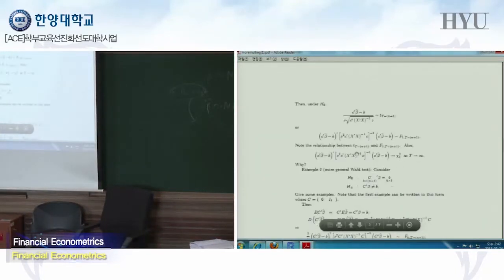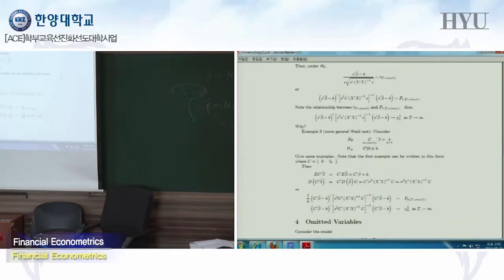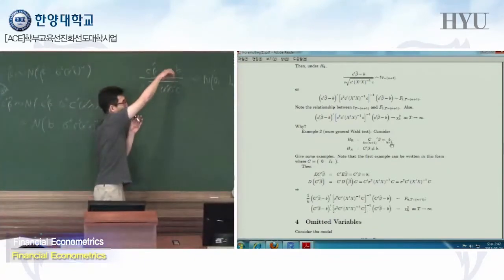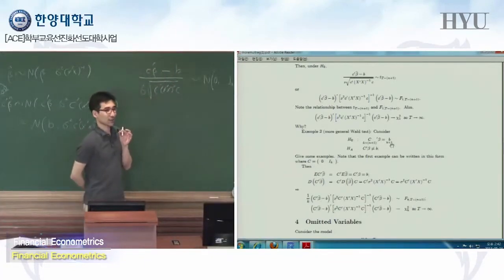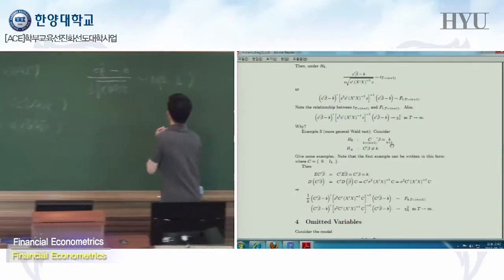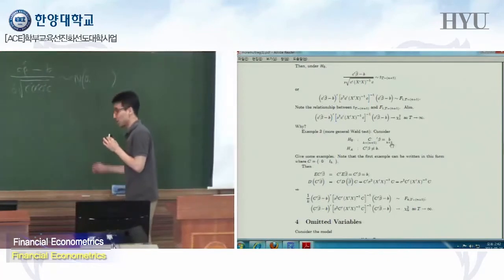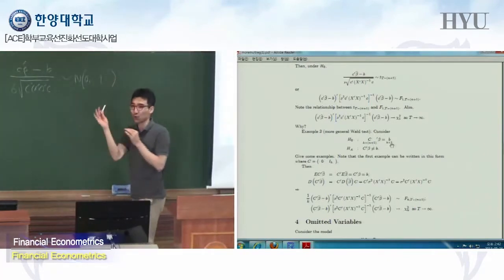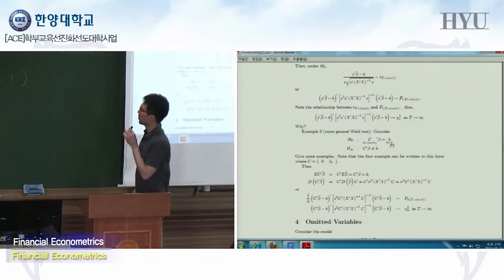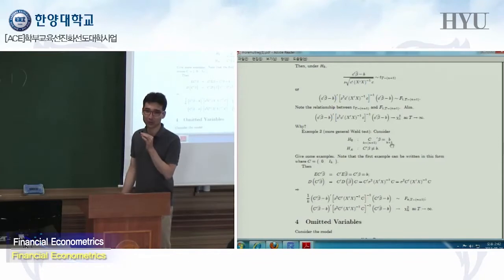But suppose we have more than one restriction, then in the more general Wald test, b is a vector of length k, so basically it's I_k, right? But for simplicity, suppose we have only one restriction, like in your homework. Then this should follow a normal distribution, right?